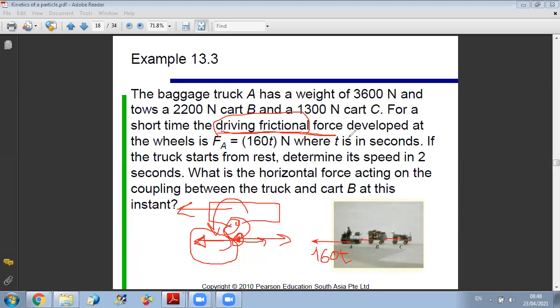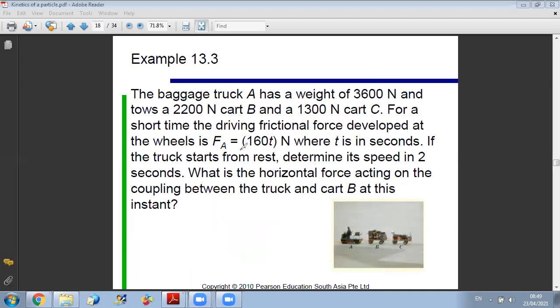In general, you can learn this in other chapters, but it's not the scope here, because here we are considering just particles. In order to understand these issues better, we will go to rigid bodies, but in this course, we will limit ourselves in dynamics to particles. So just know that when they say driving frictional force, it is in the direction of motion of the car. So this is Fa.